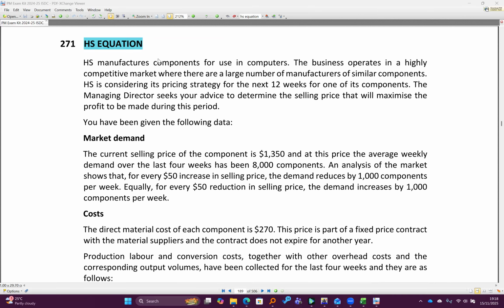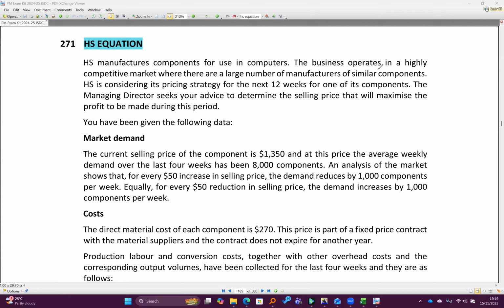they're saying that we manufacture components for use in computers. We operate in a highly competitive market, and there are a large number of manufacturers of similar components. So we are considering pricing strategy for the next 12 weeks for one of the components. Everything we are reading here always has a reason why they have put it here.